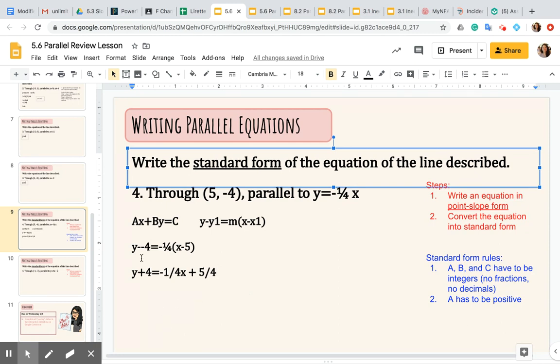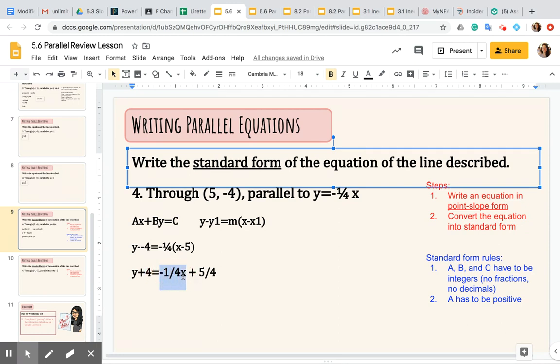Now I need to make sure that the x and the y terms are together and the constant is by itself. That means I've got to do some work here. I've got to move this x term over to the left, and I've got to move this constant over to the right. So let's go ahead and do that. In order to move the x value over to the left, you're going to either add or subtract it.